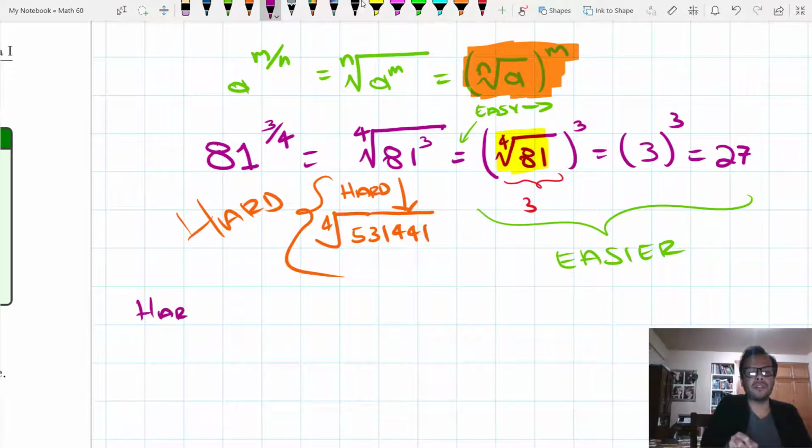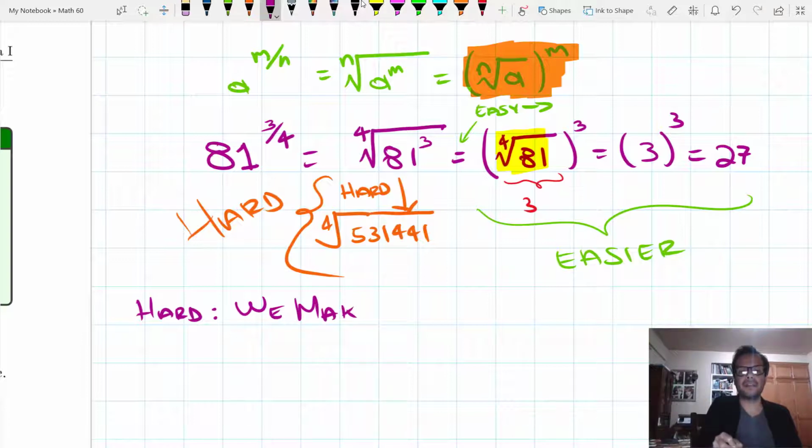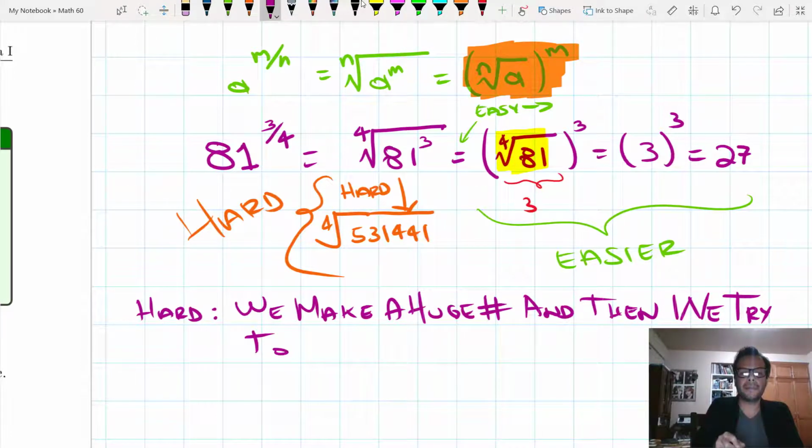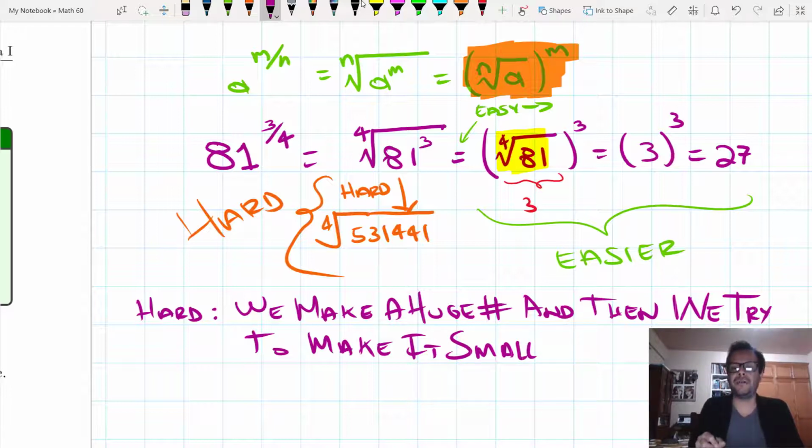The hard version, it is hard because we make a huge number, and then we try to make it small. We want to reduce that big number, right?